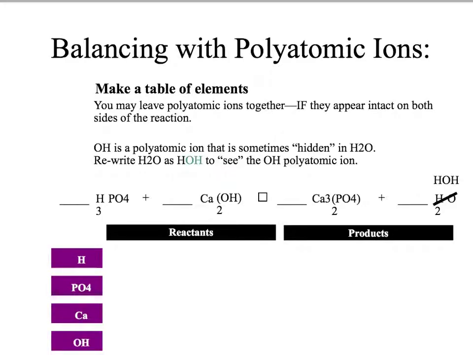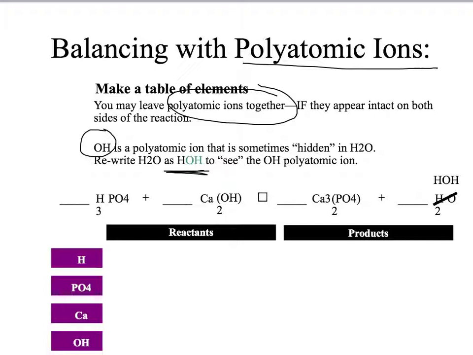Now sometimes we have to use polyatomic ions, and the easiest way to do it is to leave your polyatomic ions together if they appear on both sides. However, sometimes it seems like OH doesn't appear on both sides, but this one is sometimes hidden in H2O. Another way to write H2O is HOH to see the polyatomic on each side.